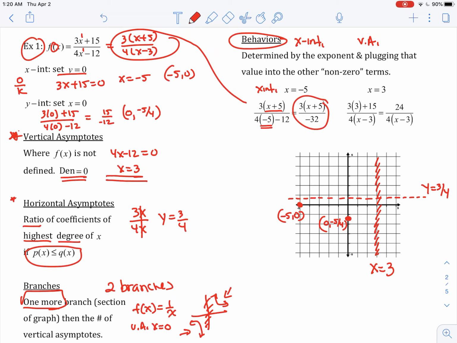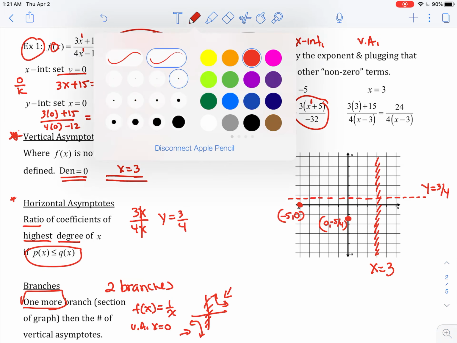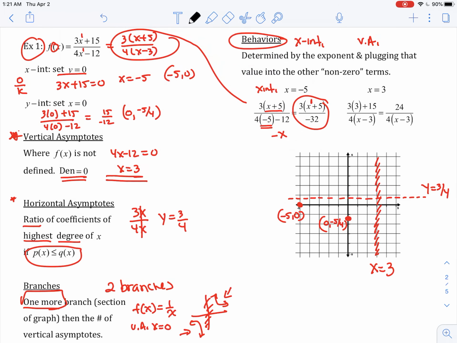If we simplify, our behavior is this linear x to the first, with a coefficient of -3 over 32. So our graph around x equal to -5 should look like this negative slope line, a -x. As we are getting close to -5, it should be coming down through -5, because that's what a -x would look like.